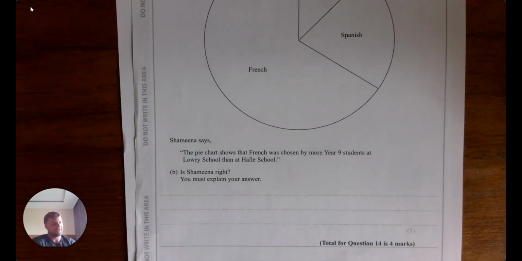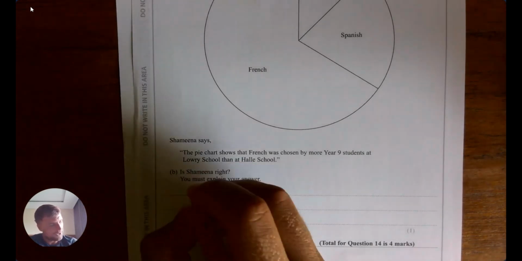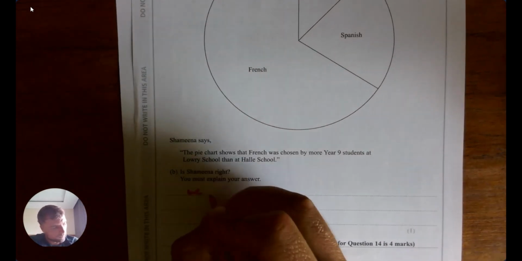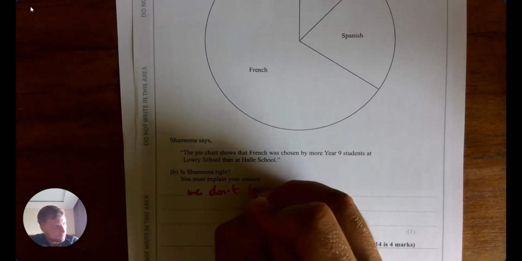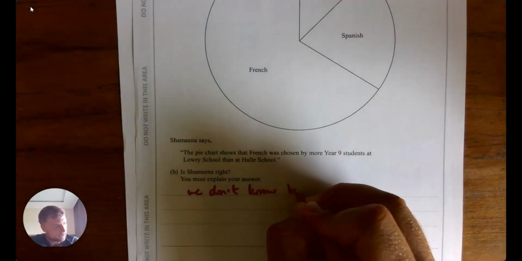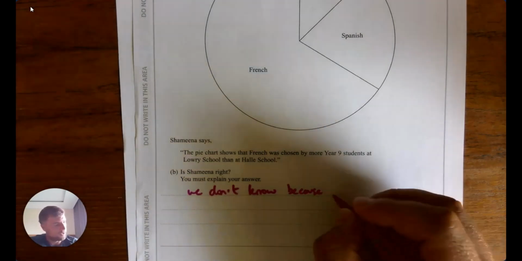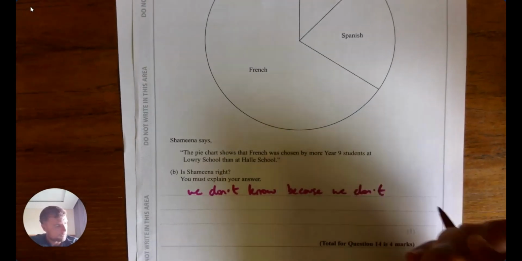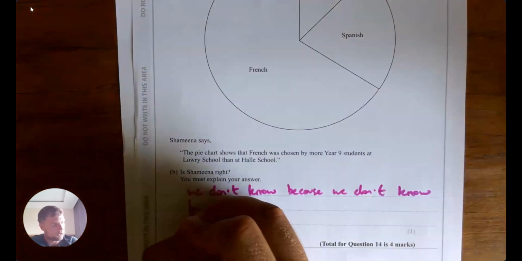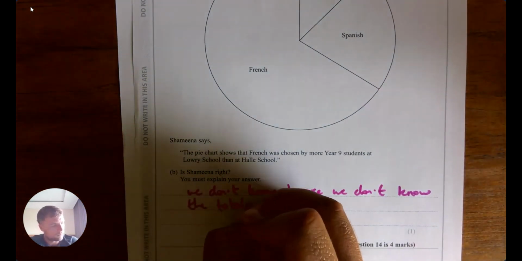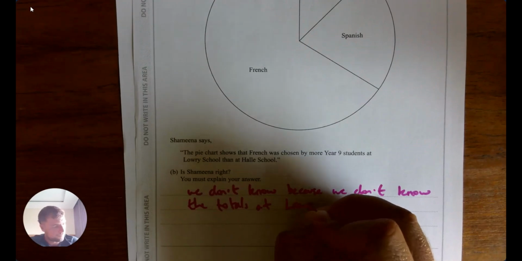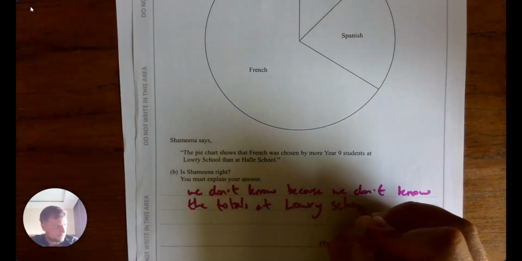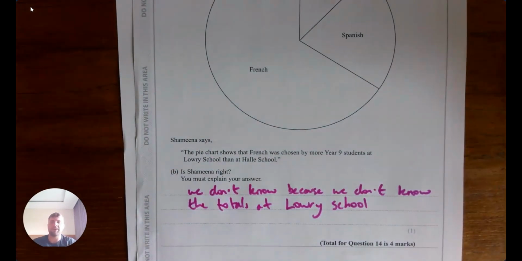So we have to say we don't know, because we don't know the totals at Lowry School. She might be right, but she's only picked it off the highest proportion rather than the highest number of students. So we can't actually complete that with a comment.